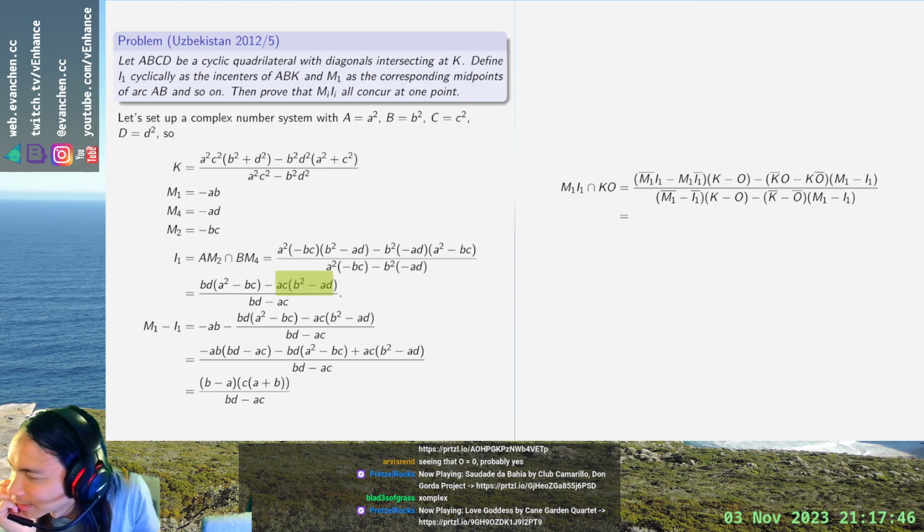And then okay, so what did I do? I dropped this, so it's like B squared A. I canceled out AB. So it's like BD, A squared minus BC, and then minus A squared BC. No, this is fine, right? It's like AB, BD, AB minus AC. And then this minus I1.